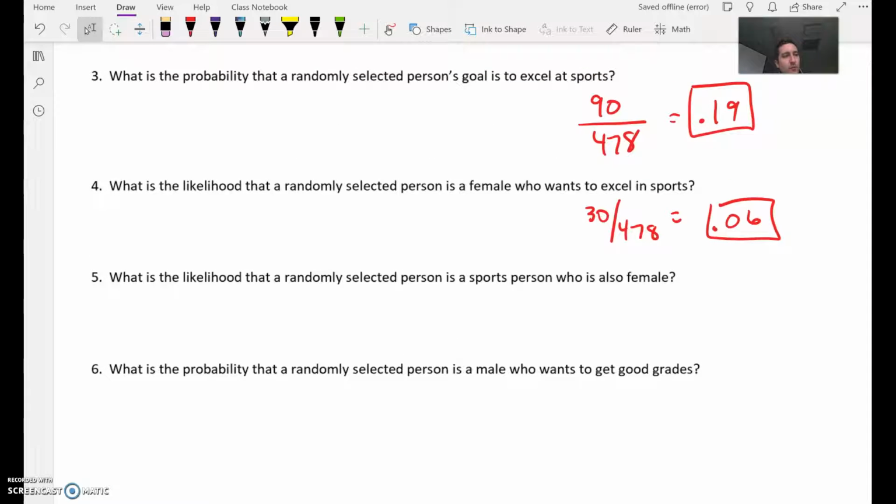Number 5. What is the likelihood that a randomly selected person is a sports person who is also a female? Okay, let's make sure we set this up right.